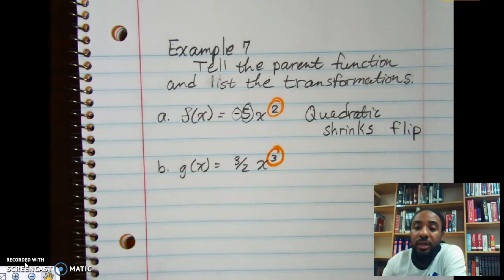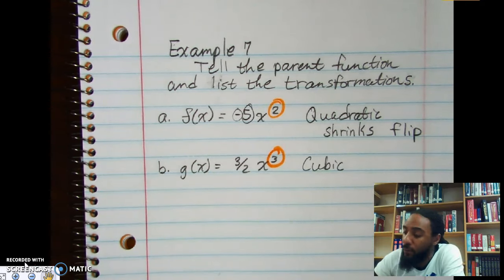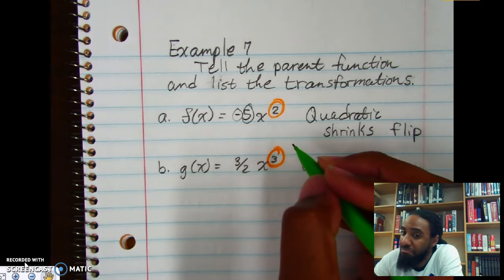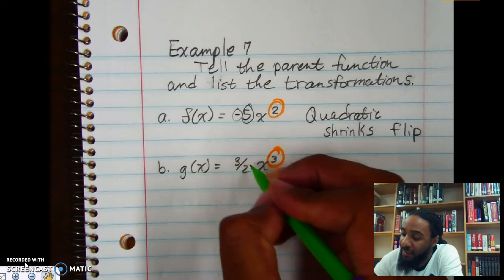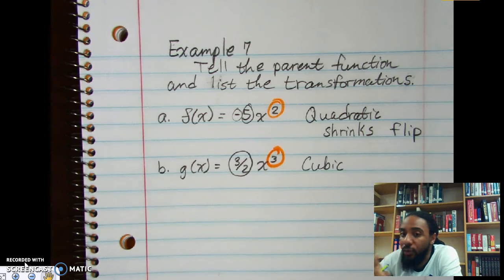We have cubic here. That's a cube. So it's cubic. And here, is there a negative in front at all? Nah. All right, but we do have this 3 halves. And 3 halves, is that greater than 1 or is that between 0 and 1?